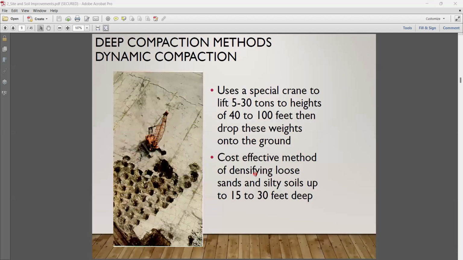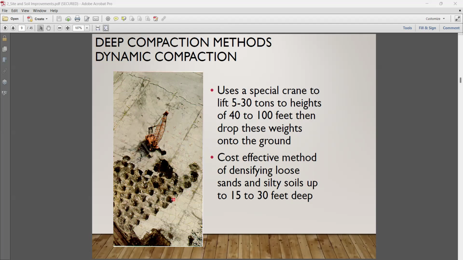The next one is the deep compaction method. Shallow compaction means the compaction energy is passed onto a very small depth. But deep compaction means the energy that we are placing to compact will be passed on to a considerable depth. There's a crane, it will lift a weight, 5 to 30 tons, and then drop it.